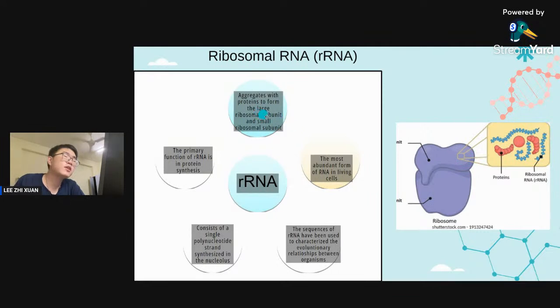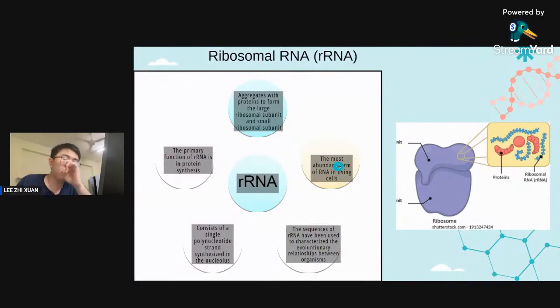So the main function is to aggregate with protein to form the large ribosomal subunit and the small ribosomal subunit. So in general, it is the component of the ribosome unit. If you want to form the ribosome structure, RNA is one of the important components. If no RNA, no ribosome.